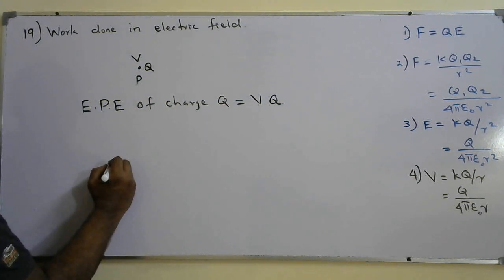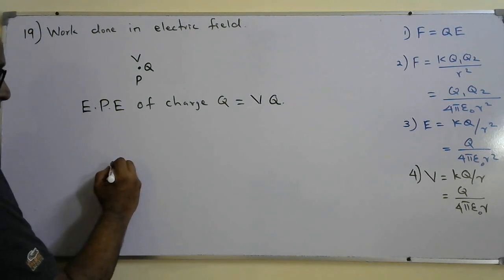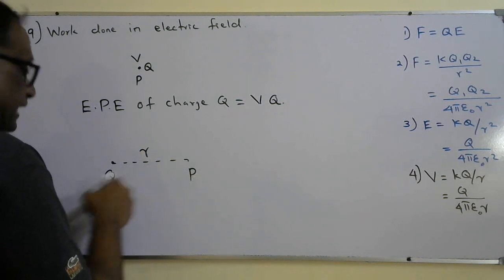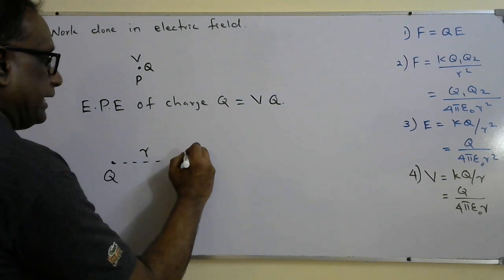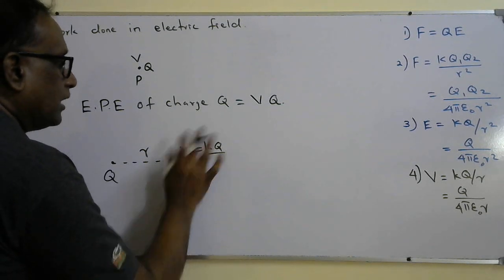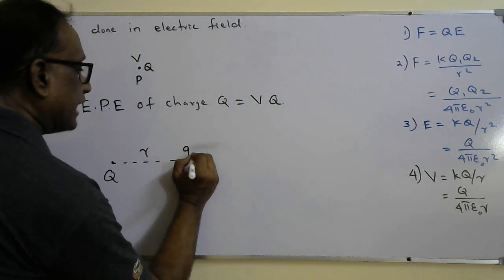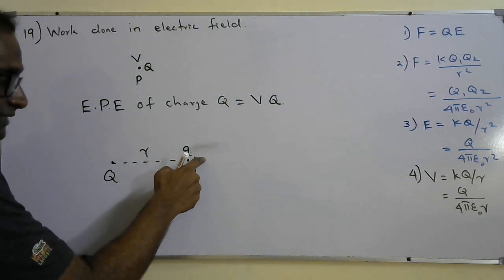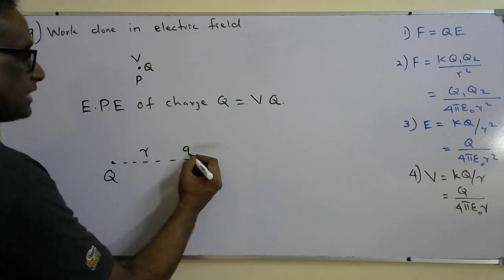Say for example, imagine there's a charge Q kept in space, and a point P at a distance R. The electric potential created by charge Q at point P is given by V equals KQ over R. At point P, a charge Q1 is kept. What is the electrical potential energy of the charge Q1?